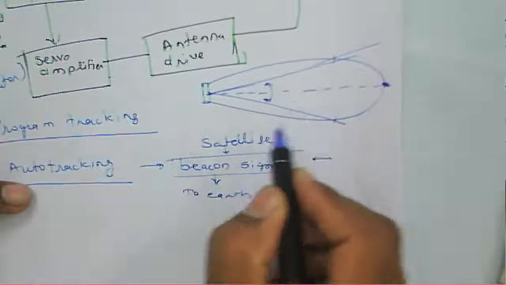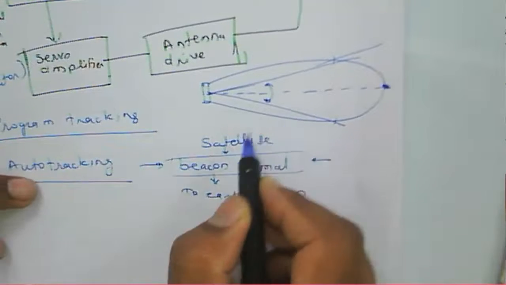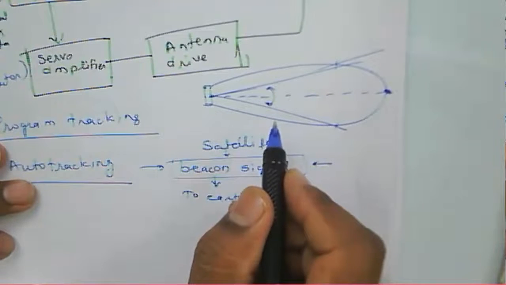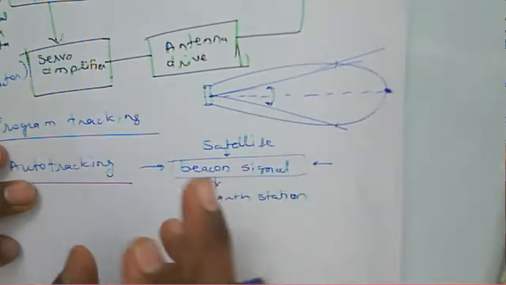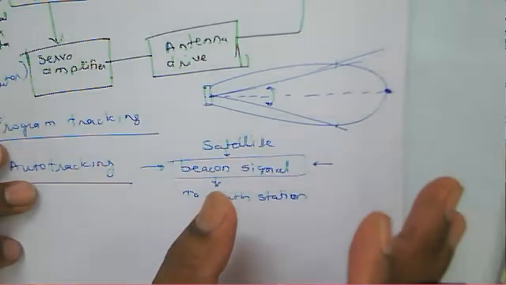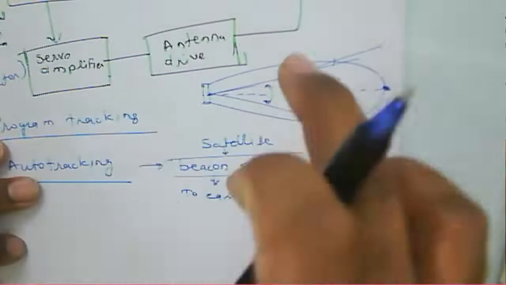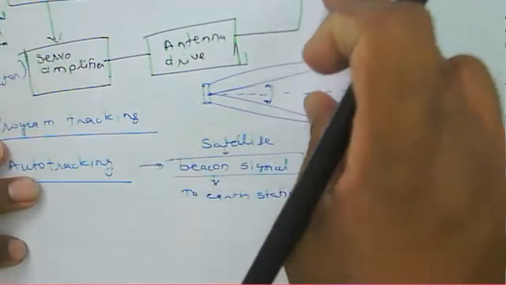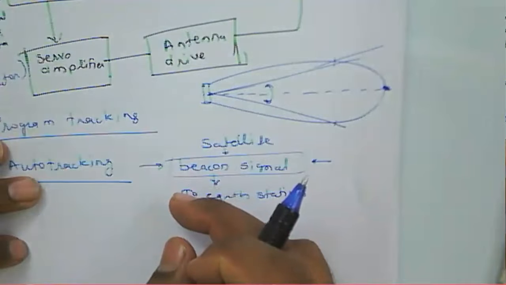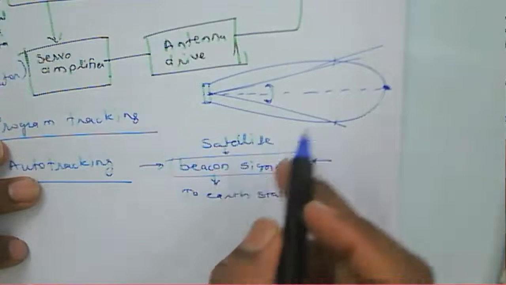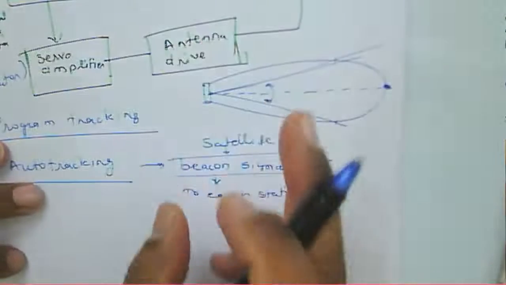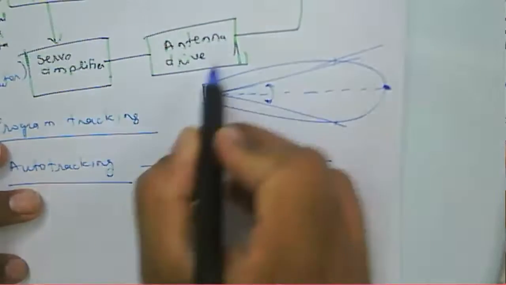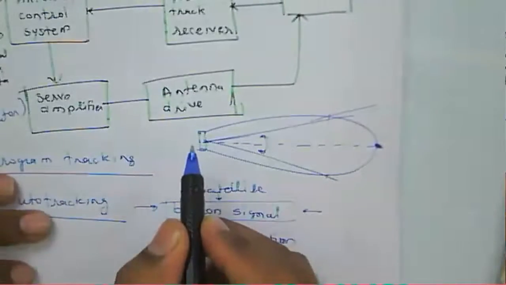We can say that if the beacon signal received by the two offset patterns is equal, then both sides of the antenna coincide toward the satellite, or we can say that it is adjusted. Now here we are adjusting not the satellite antenna. We are adjusting the Earth station antenna.